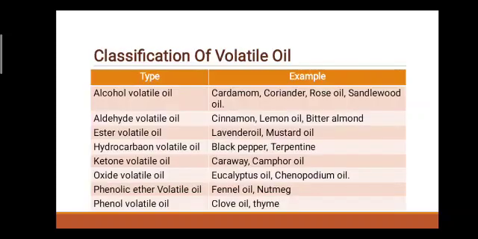Next point, classification of volatile oil. In that, types of volatile oil. First, alcohol volatile oil. Example: cardamom, coriander, rose oil, sandalwood oil. Second, aldehyde volatile oil. Example: cinnamon, lemon oil, bitter almond.